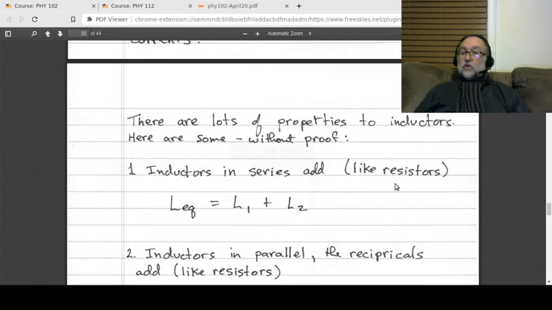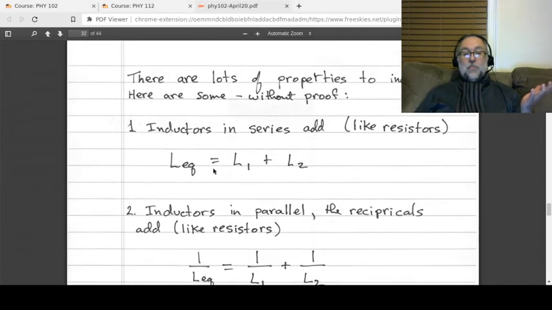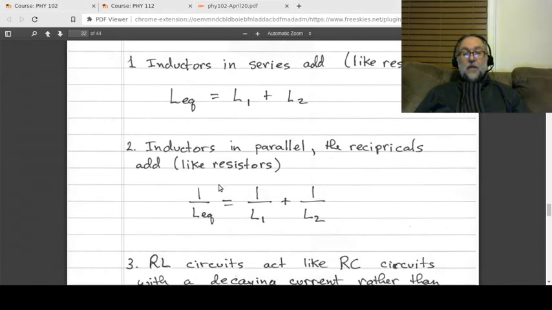They're just like resistors, and the same thing when they're in parallel. When you have two inductors in parallel, their equivalent is the sum of the reciprocals. So 1 over L equivalent is equal to 1 over L1 plus 1 over L2. So the way to remember this is that for series and parallel, inductors and resistors work exactly the same way. Series add, parallel reciprocals add.